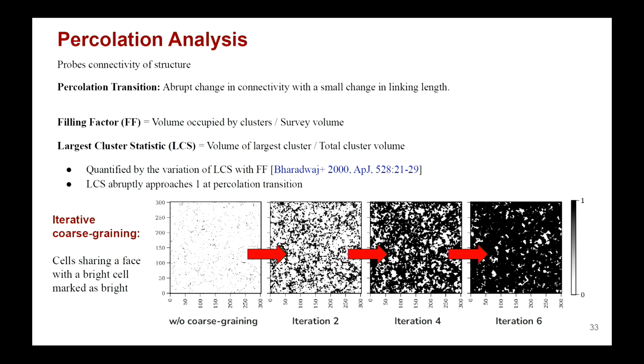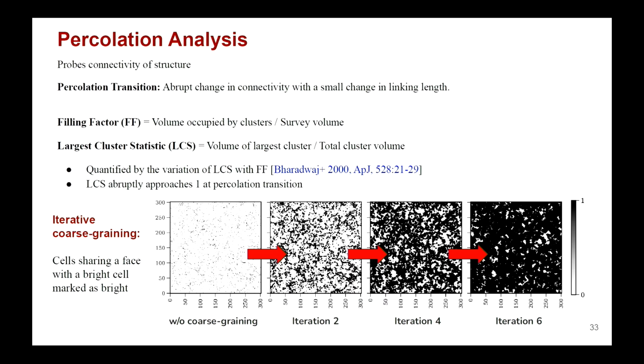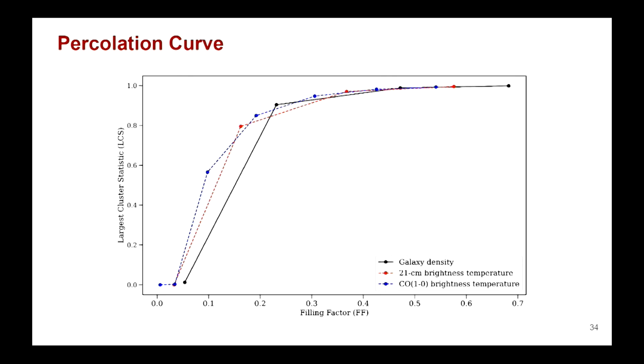You can quantify this by something called LCS, largest cluster statistics, which is essentially the volume of the largest cluster at any given iteration, divided by the total cluster volume. And you can also calculate something called the filling factor. Filling factor is nothing but how many cells are bright divided by the total number of cells in your survey volume.